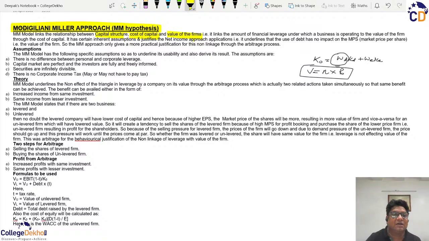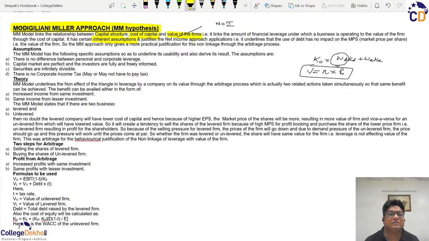So it has certain inherent assumptions and justifies the net operating income approach. Instead of net income, I should be writing here net operating income approach, so that will be NOI approach.